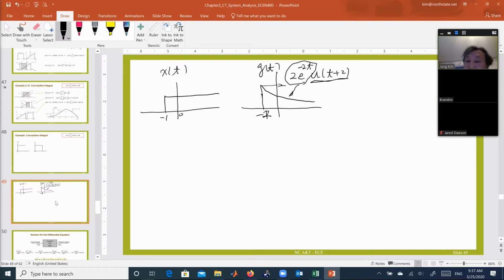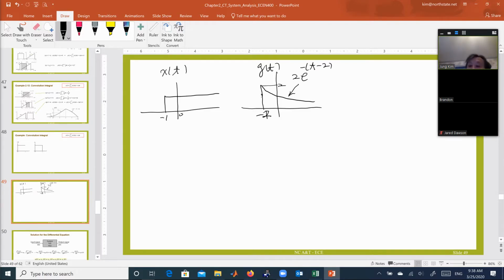This is also minus 2. Sorry, I'll write again. Okay, this is very slow. I will write again. So because this is 2, then 2 times e to the minus (t minus 2).